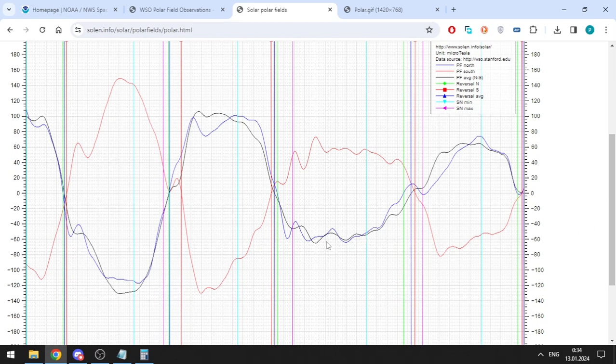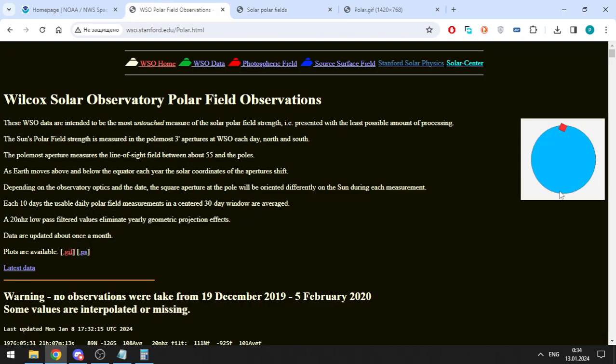And vice versa, when you have highly negative north, highly positive south, it means the lines are exiting south and entering north, which is the opposite polarity to this cycle, for example. Actually, we're going to observe that the next minimum would be exactly that. The north will migrate to the south, and the lines would start exiting from the south in the next minimum and entering in the north. That's what will happen in the next minimum.